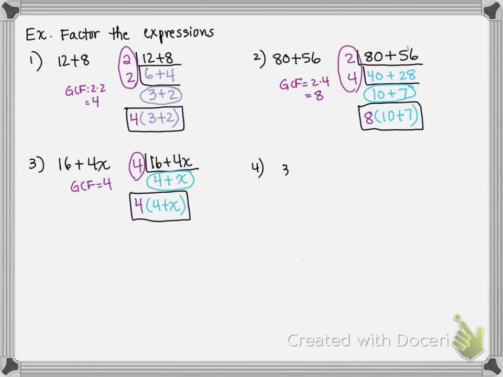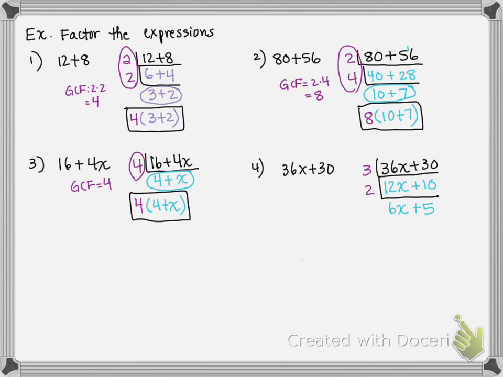All right, one last one. So we've got 36x plus 30. So I'm going to create my factor ladder. Let's see. I think there's a 3 that goes in both of them. Yeah. 3 goes into 36 12 times with x attached, and 30 divided by 3 is 10. Uh-oh, I have evens, so I know a 2 can get pulled out. 2 goes into 12x 6 times with the x left over, and 2 goes into 10 5 times.